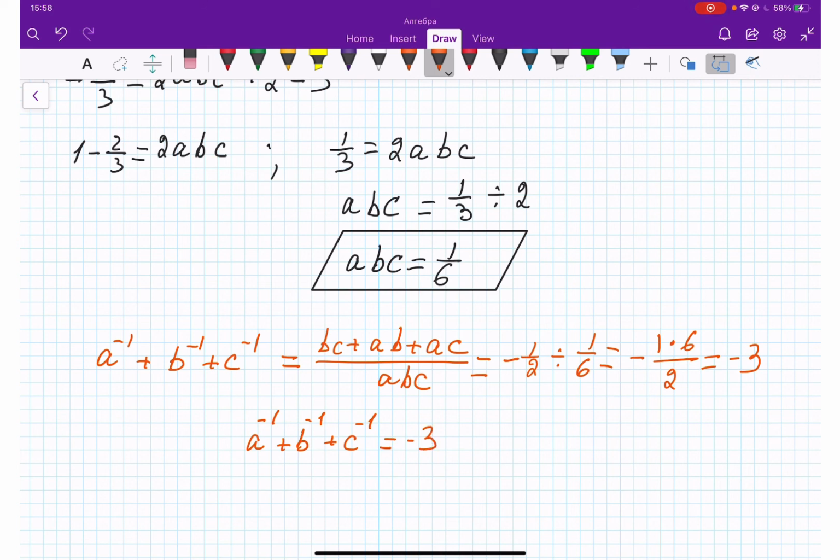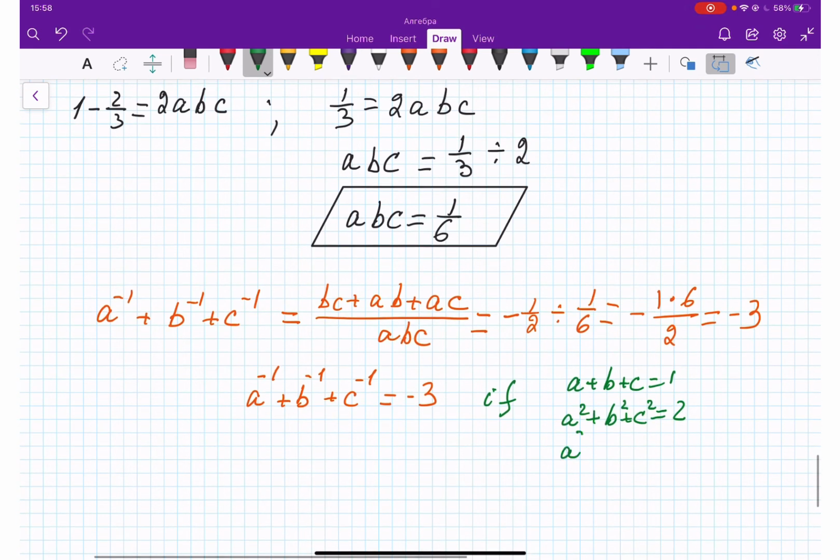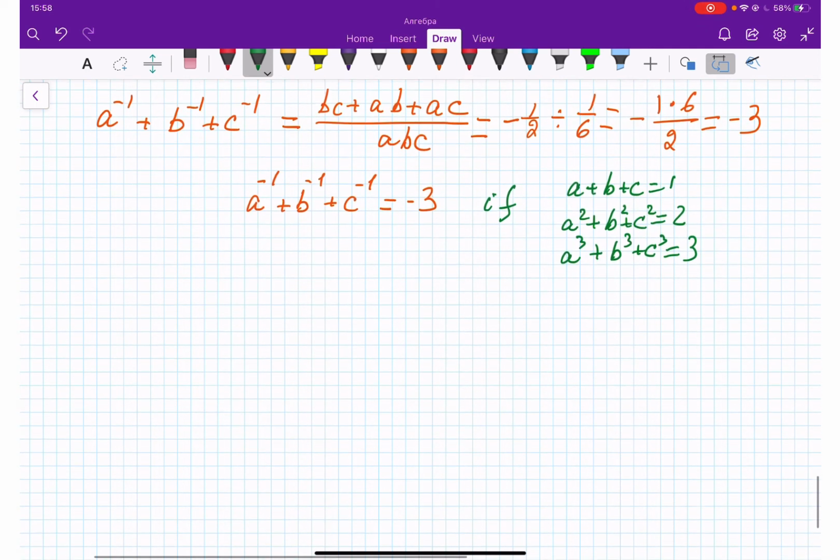And this is the case only and only if we have a plus b plus c equal to 1, a squared plus b squared plus c squared equal to 2, and a cubed plus b cubed plus c cubed equal to 3. And we are done. Okie dokie.